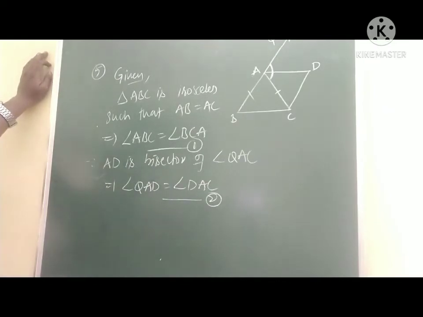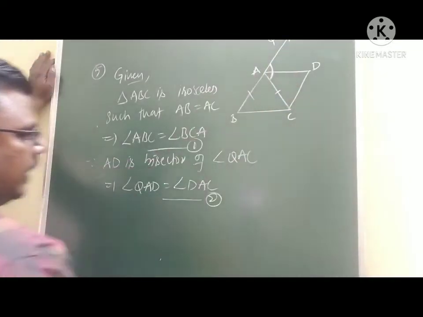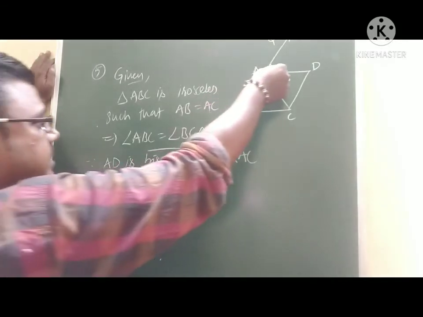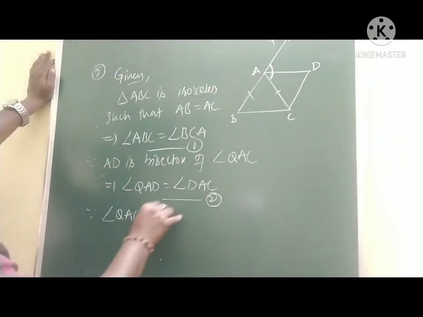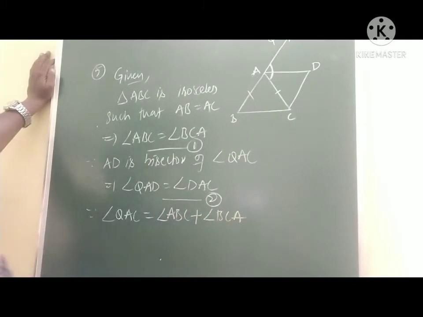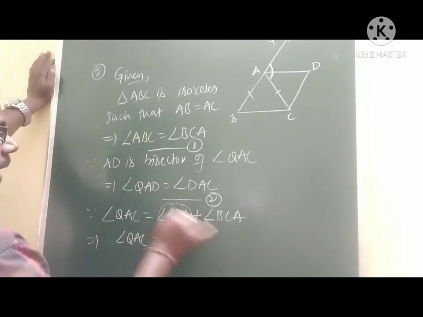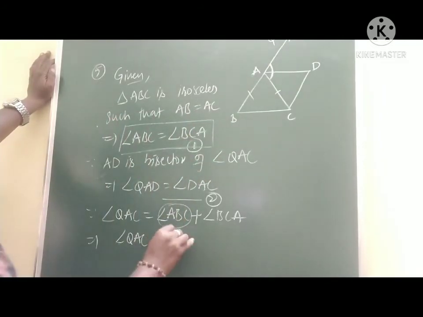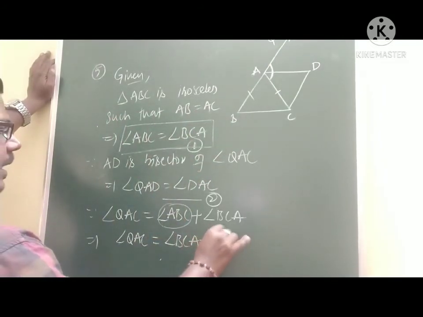Now angle QAC is an exterior angle, right? Since the exterior angle QAC is equal to the sum of its opposite interior angles, angle ABC plus angle BCA. But on this side, instead of ABC I am going to substitute BCA because of this one. So I will get angle BCA plus angle BCA.